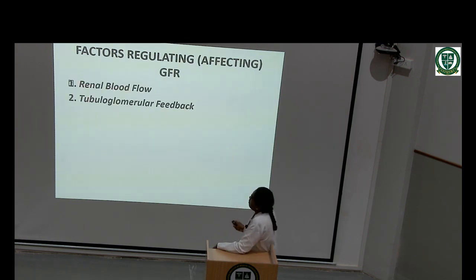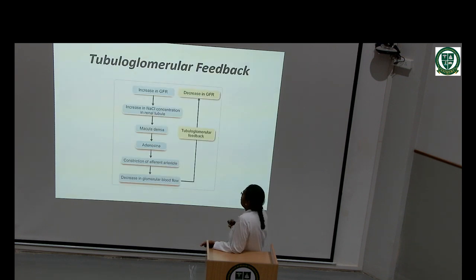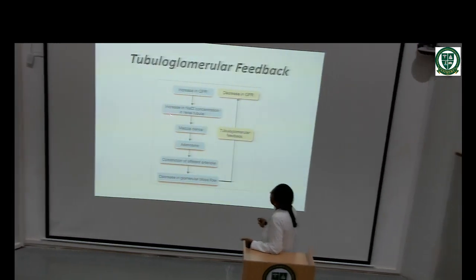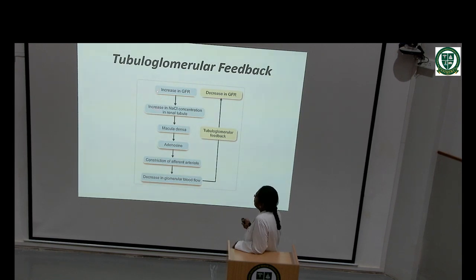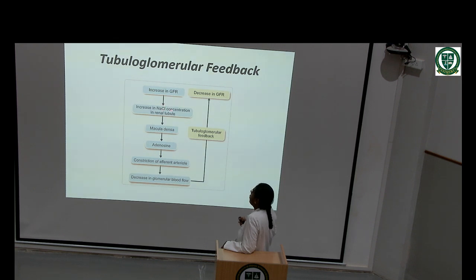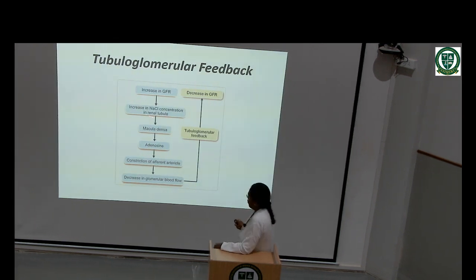First is renal blood flow, which we learned in the last class, like myogenic mechanism and tubuloglomerular feedback, which is an auto-regulation mechanism for renal circulation. This is a flowchart showing tubuloglomerular feedback, where an increase in GFR causes an increase in sodium chloride concentration in the renal tubule, which is sensed by the macula densa, part of the juxtaglomerular apparatus, which releases adenosine.